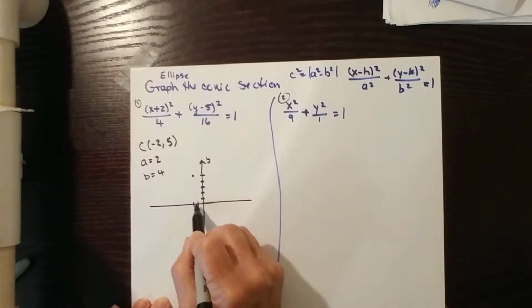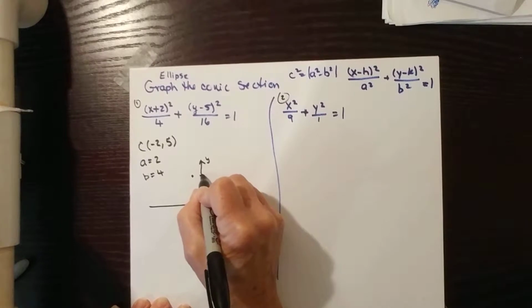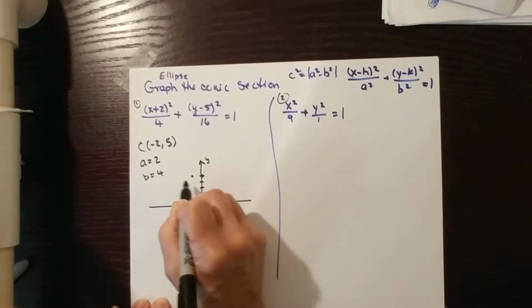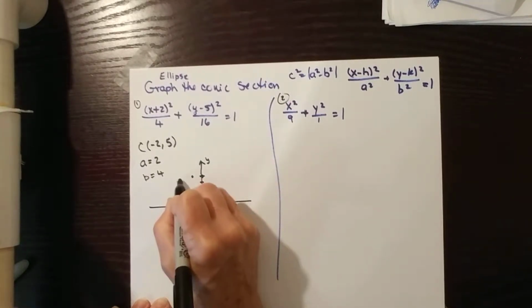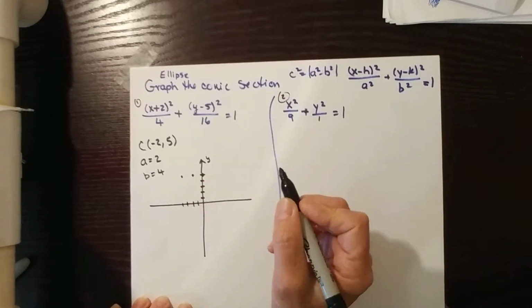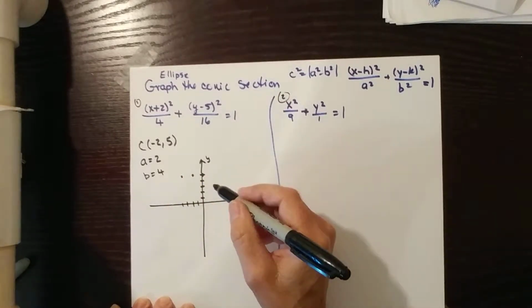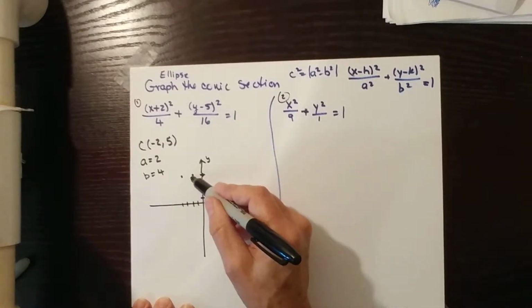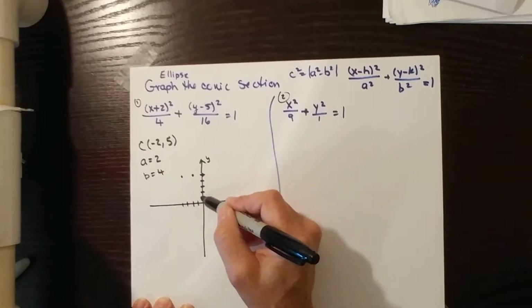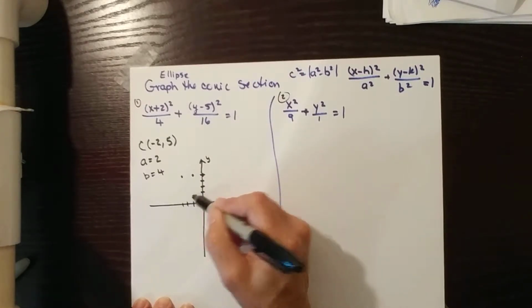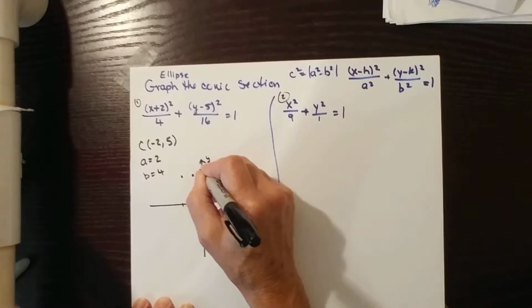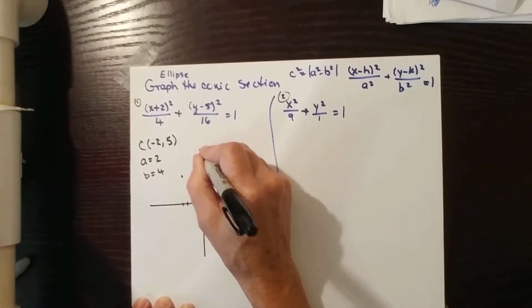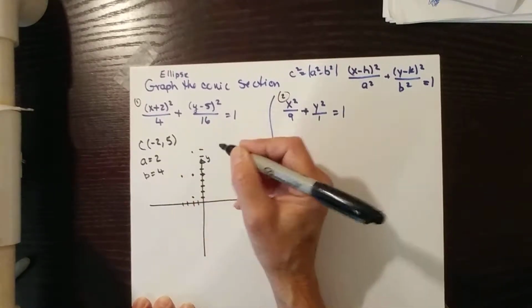So we'll go right 1, 2, which puts a point here, and then we'll go left 1, 2, which puts a point here. Okay, and then we'll go up 4, down 4 from the center. So from the center, we're going to go down 1, 2, 3, 4, which puts a point here. We're going to go up 1, 2, 3, 4, which puts another point there.